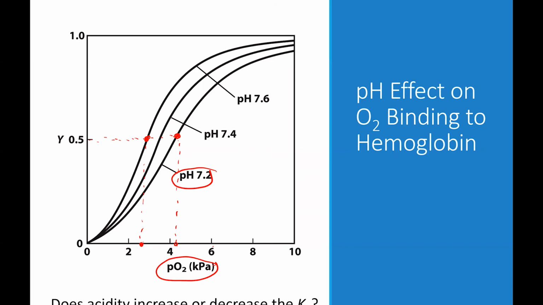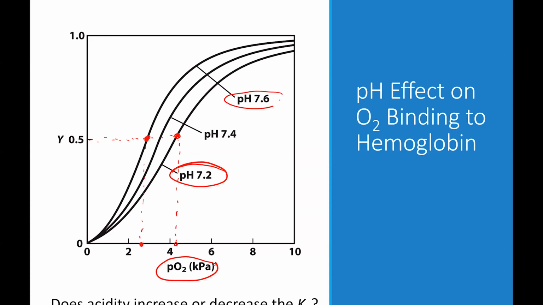And so you would see that at this lower pH, oxygen is going to be bound to your hemoglobin only at higher concentrations, at higher pressures. Otherwise, it won't be bound.